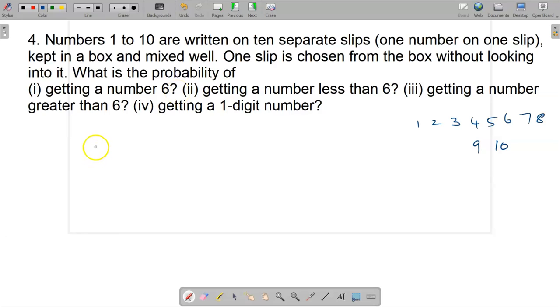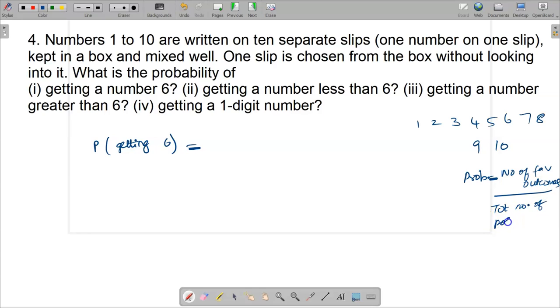Again they are asking for the probability of getting 6. So again you know the formula. The probability formula is the number of favorable outcomes divided by the total number of possible outcomes. So using this formula, I can find the probability.